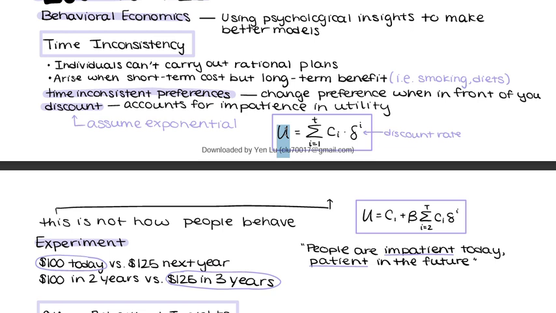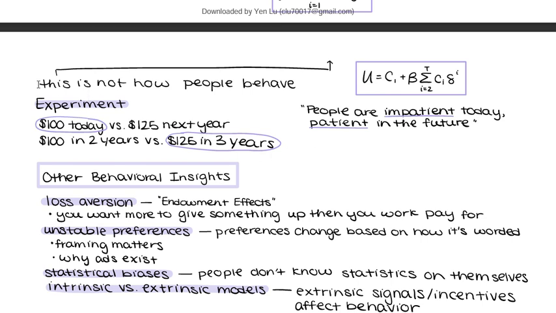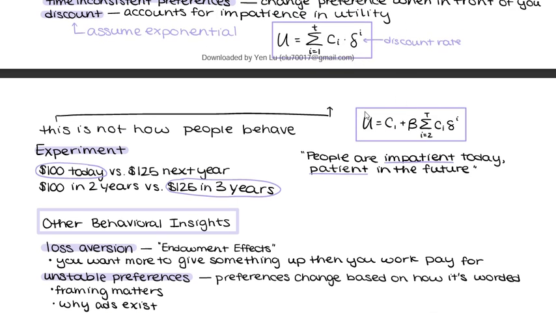So here is utility from consumption from time t to T, over all of your life, and its discount rates apply because your utility is discounted as time passes: one month, one year, and one year has more discount. Okay. So this is not how people behave.